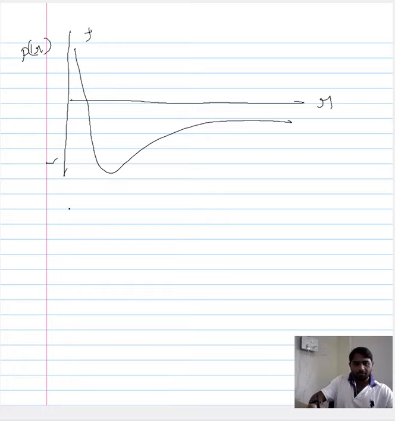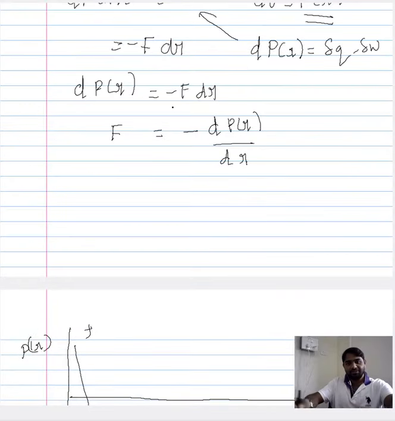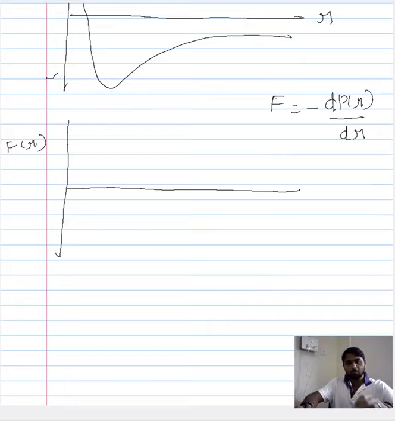Now what we want to plot is the force experienced by the atom, and we saw that the force experienced by the atom is nothing but the negative of the first derivative of the interaction potential with respect to the distance. We derived this using our understanding of the first law of thermodynamics. So we want to plot this.